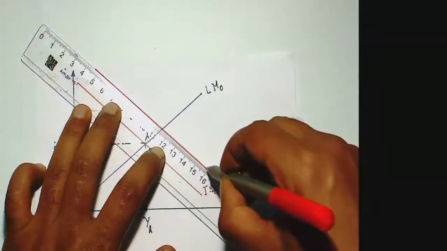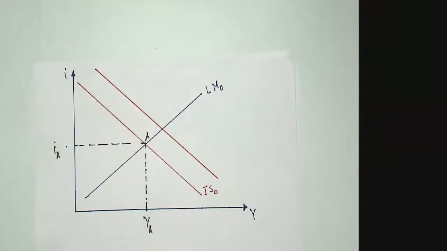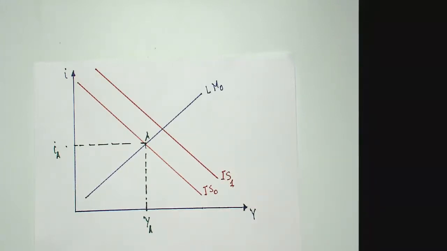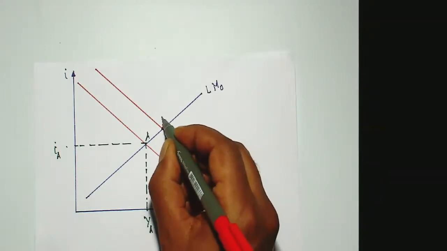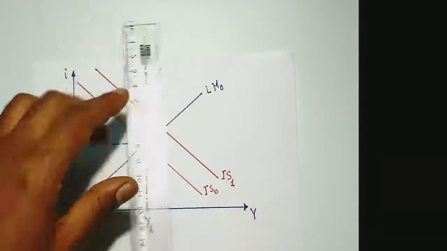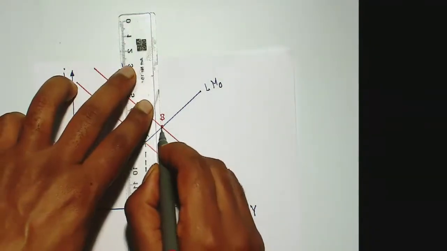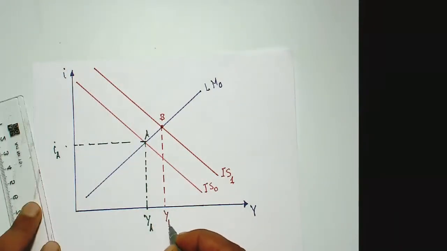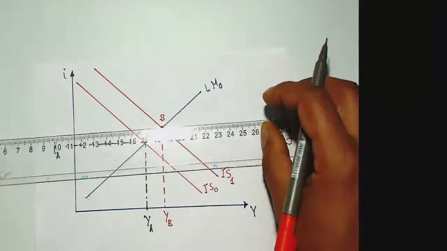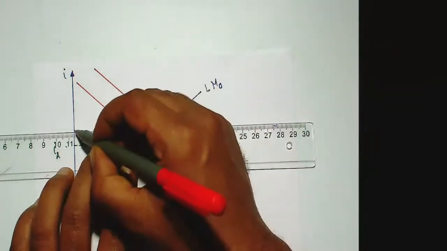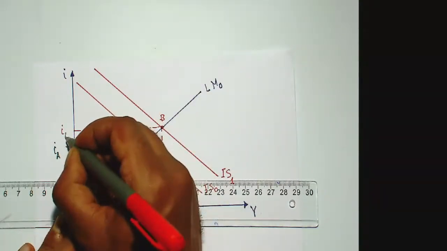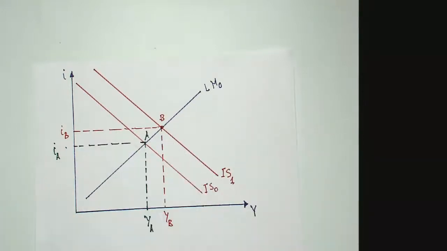So we would have a new IS curve of IS1. And we would have a new equilibrium point of point B with a corresponding income amount of YB, and again a corresponding interest rate amount of IB.